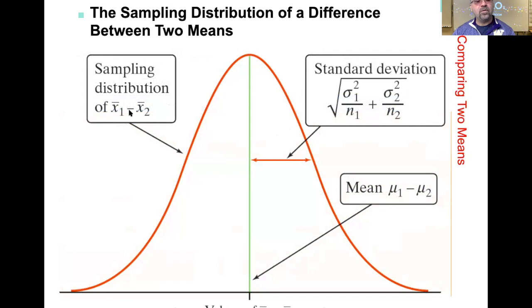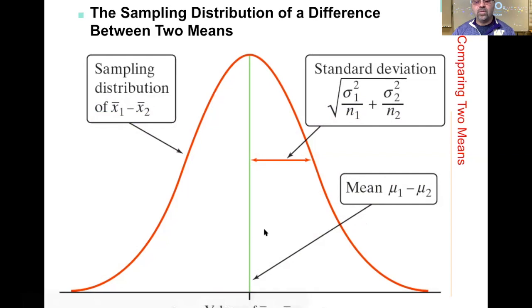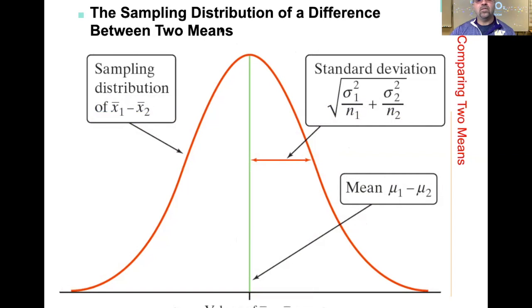So the sampling distribution of x1 bar minus x2 bar is hopefully going to follow this nice normal curve. The center of it will be mu1 minus mu2, which is this green line right here. And here's that standard deviation equation I want to remind you all. It doesn't matter that we're subtracting x1 bar minus x2 bar. We still take the variances.